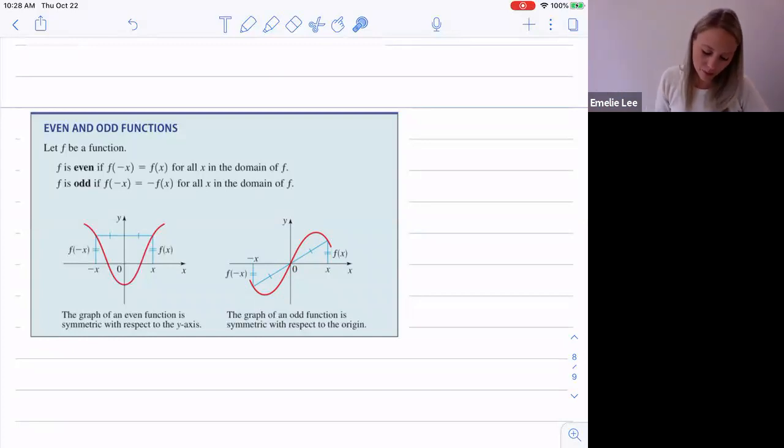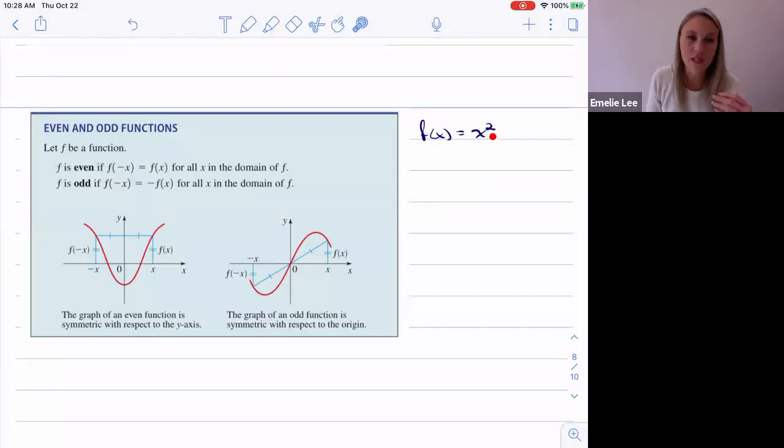You can prove that you have an even function by plugging in negative x and seeing if it ends up being the same as positive x. So f of x equals x squared, for example. Well, we know this is an even function because the power is even. In fact, if the highest power is even, it's an even function.